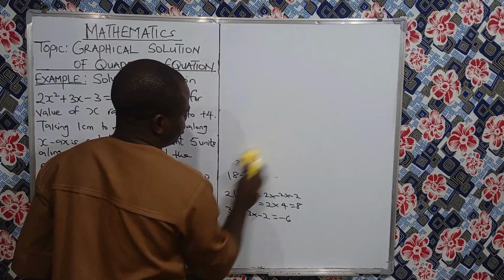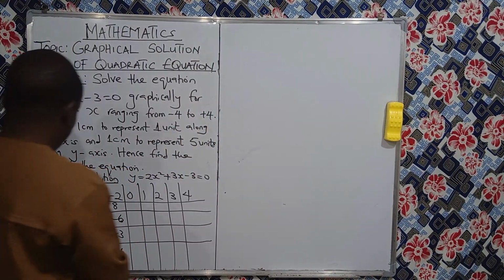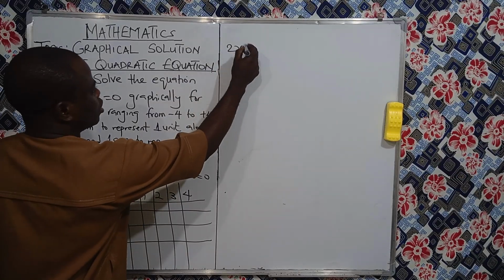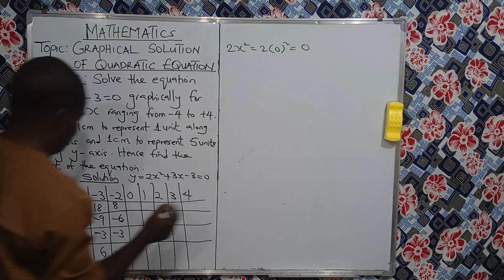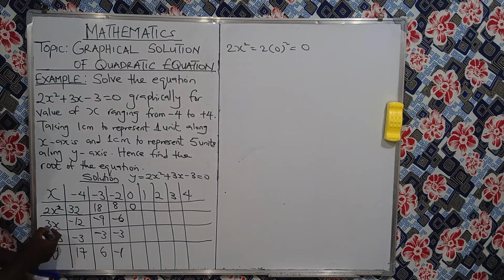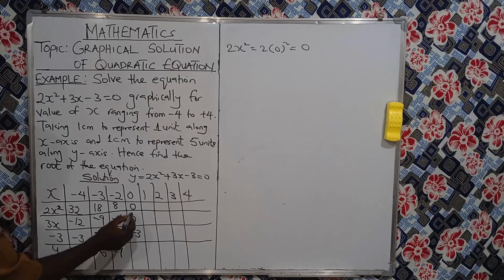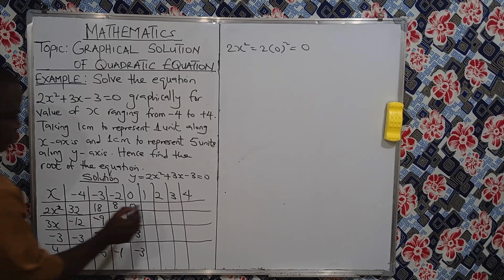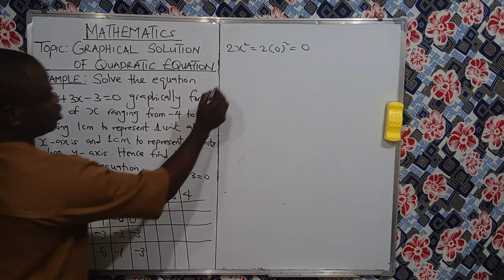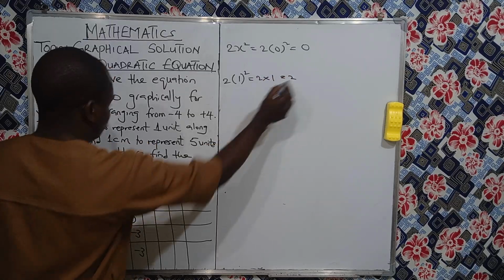Let's come to when x is 0. When x is 0, we are having 2x squared equals 2 into bracket 0 squared, which is 2 times 0 is 0. This one is 3 times 0, because this is 3x, substitute x, 0 into x. 0 plus 0 is 0, minus 3, that's minus 3. Here, when x is 1, 2 into 1 squared, which is 2 times 1, equals 2.